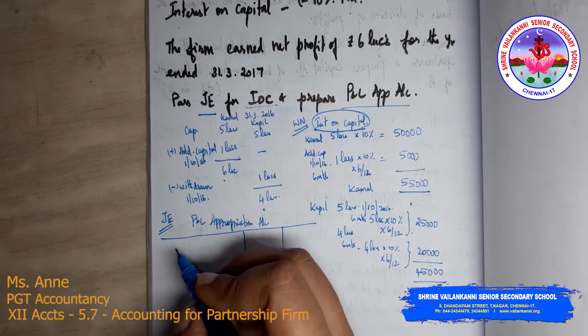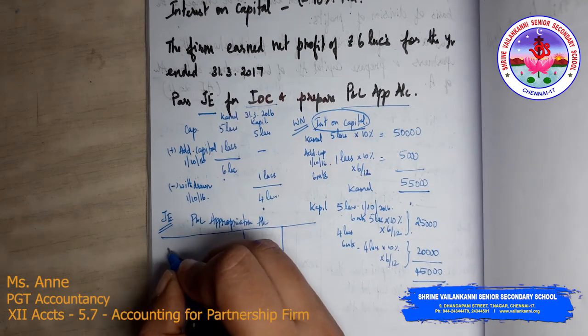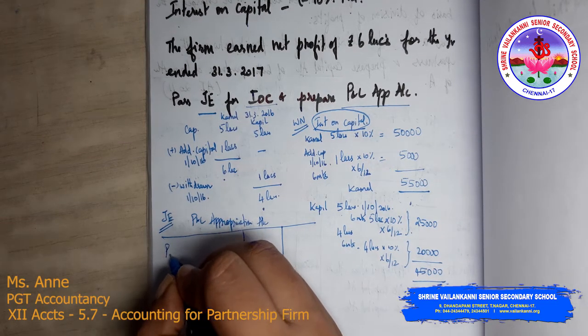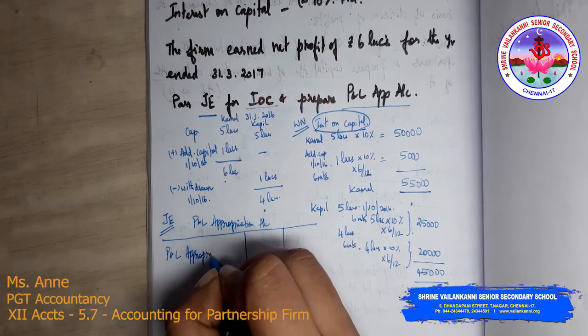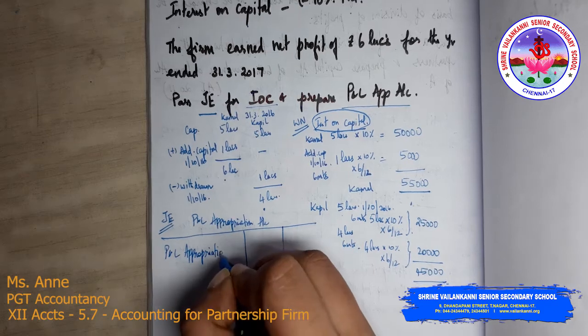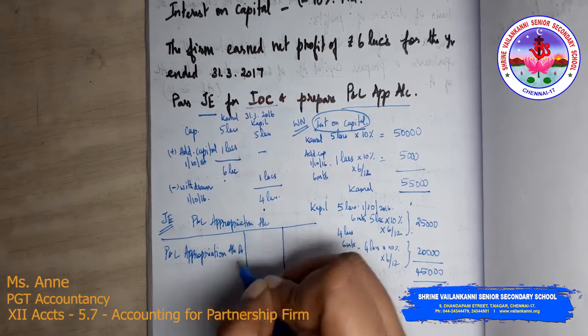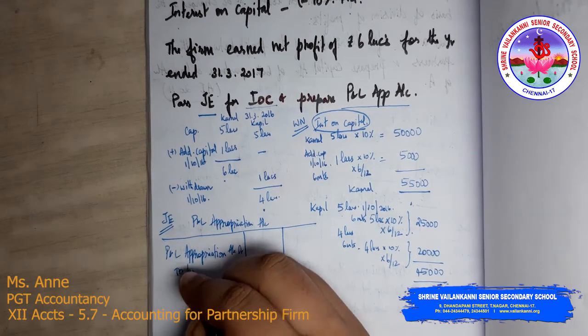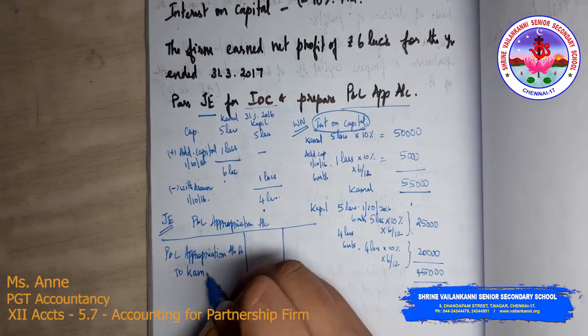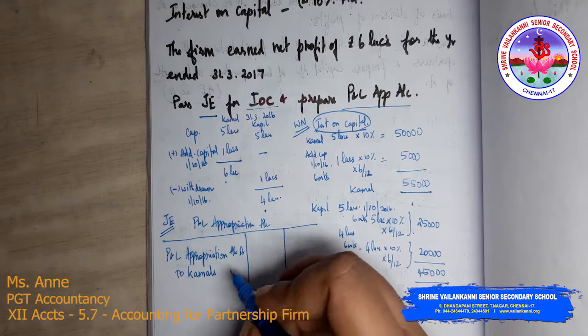First will be P&L appropriation account debit, to Kamal's capital.